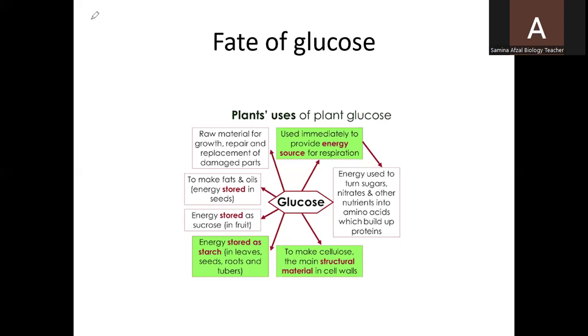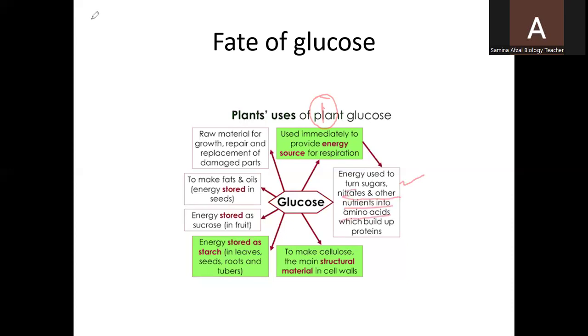And students, the first use of that glucose molecule is to provide energy for respiration. So energy, and secondly, energy used to turn sugar, nitrates and other nutrients into amino acids.